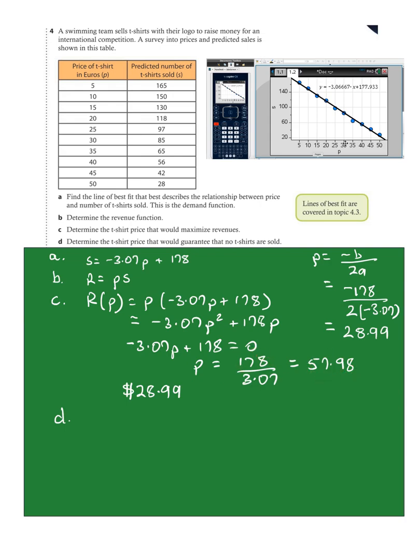So the answer there is $57.98. And again, the reason for that is that the roots of this quadratic are 0, right? Null factor law is 0, and when you equate that to 0, you get 57.98. So that's the solution.